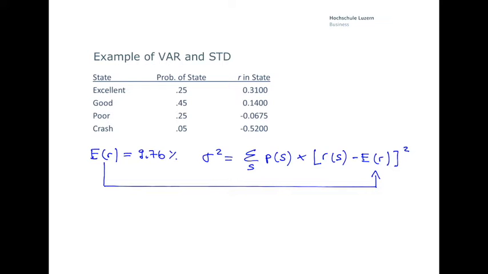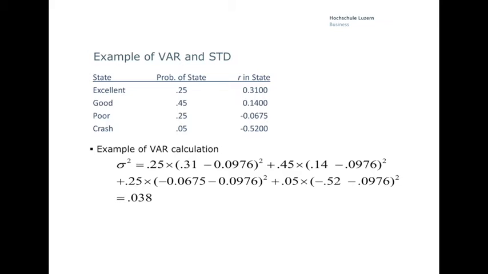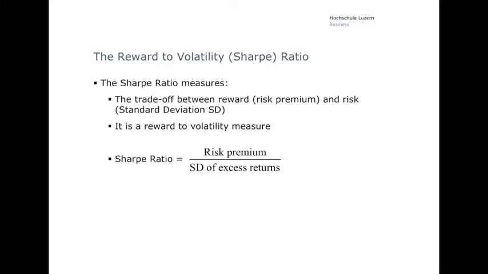Now, using the numbers above, you actually get to a variance of 0.038. We can also calculate the standard deviation simply by taking the square root of the variance, resulting in 0.1949.